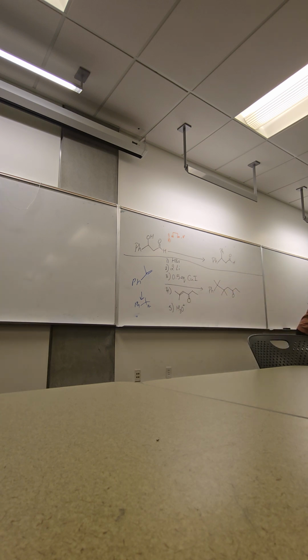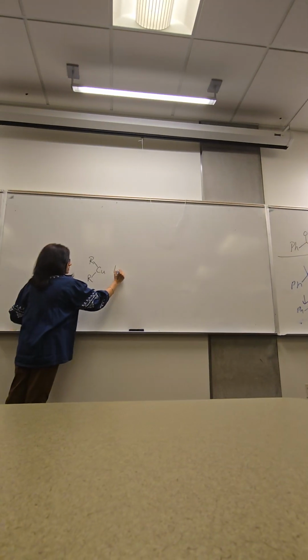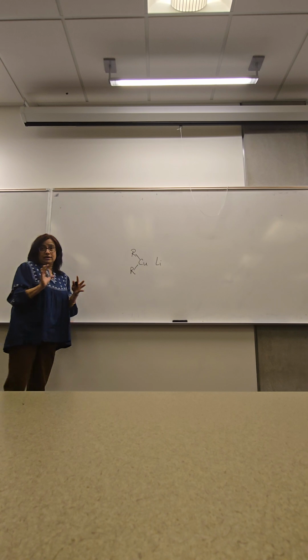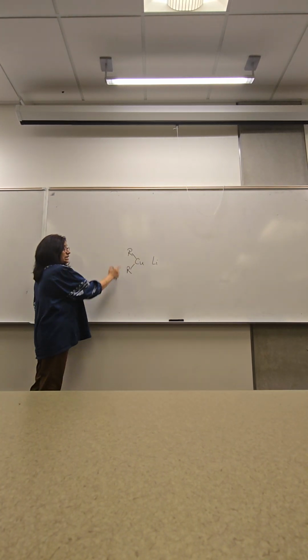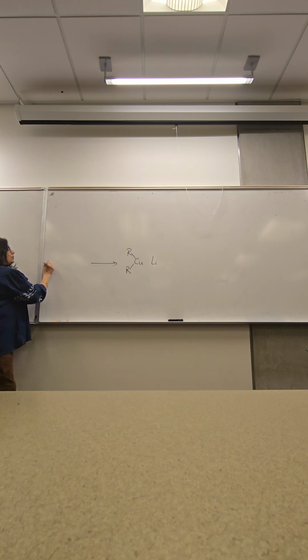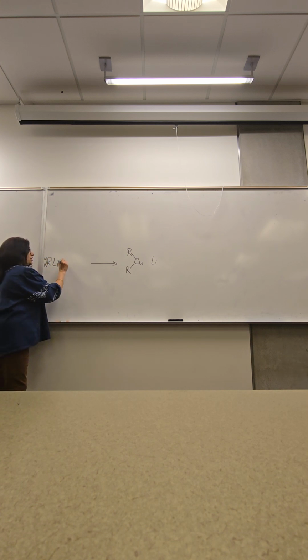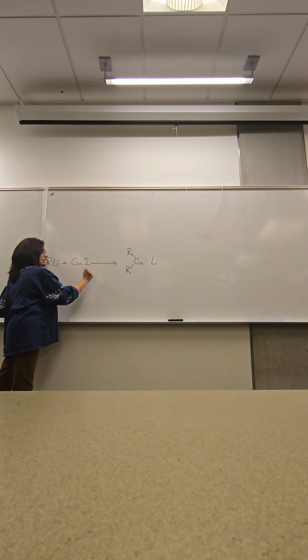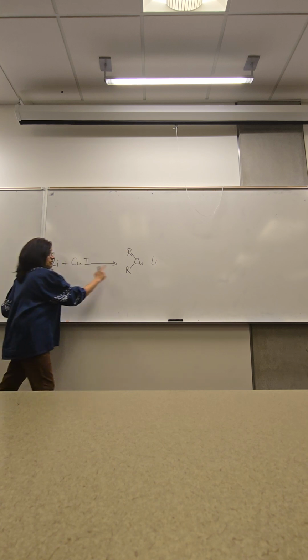I was thinking coordinate the OH in order to make this a good leaving group. In order to make this, how many R's do we need? 2. How many Cu's do we need? 1. So how many of this will I need to get 2 R's? 2 of those. And how many of this will I need? 1.